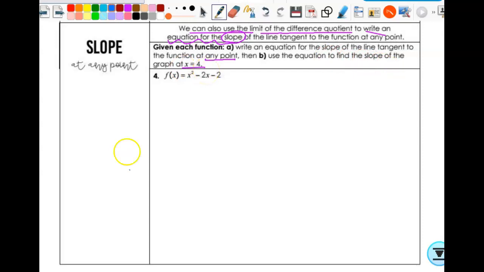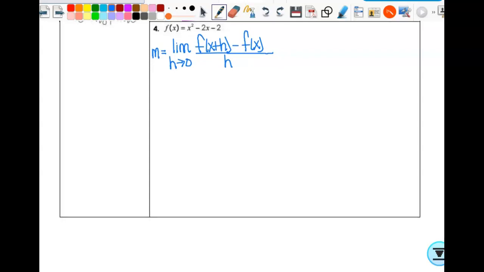At any point means we don't have an x and a y value. So our slope will be equal to the limit as h approaches 0 of f of x plus h minus f of x over h. We're still going to substitute it in like we have been. We just don't have a number for x, it's just x.